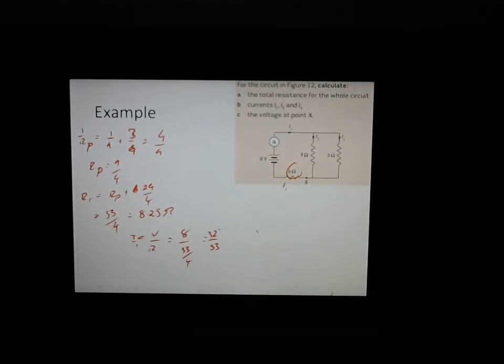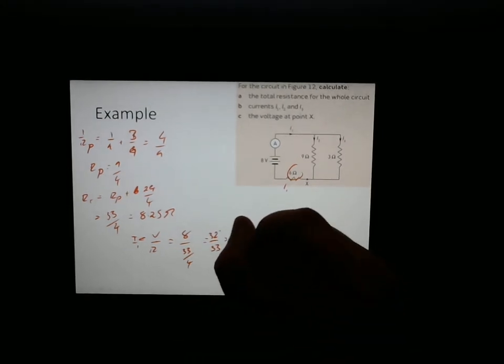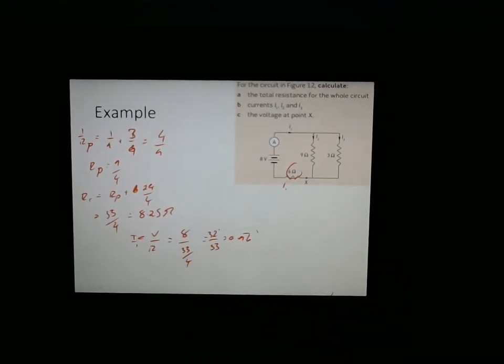I mean, that's also equal to 0.969696, so 96 recurring. Remember, if it's 2 digits recurring, put a bar over the 2 digits. Better put a unit. Amps. So we've got our I for our total thing.